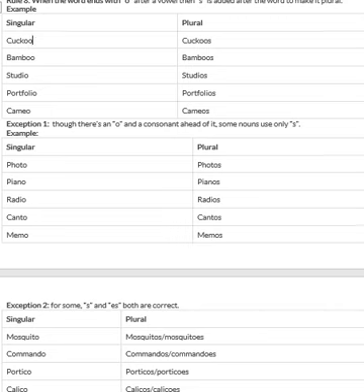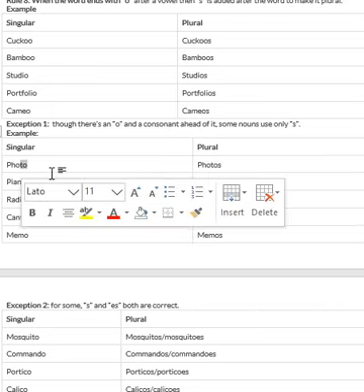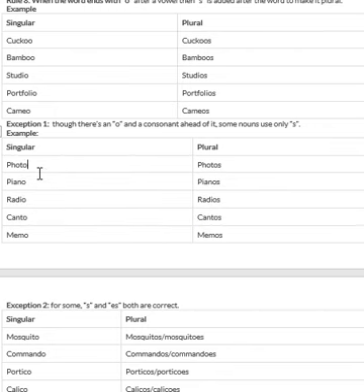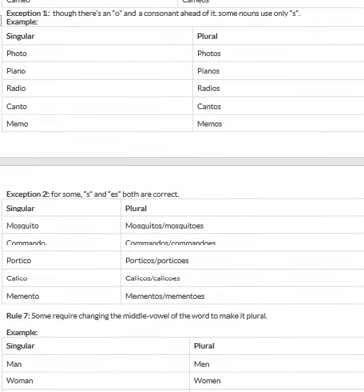Photo, there is O in the ending of the word and a consonant before O, but we will have to put only S to make it plural. You will have to remember this. Piano becomes pianos, radio becomes radios, canto becomes cantos, memo becomes memos. These are some of the exceptions in English. You will have to remember this.